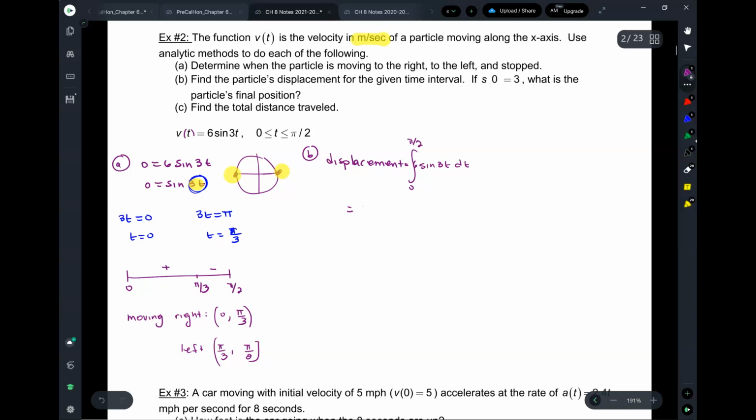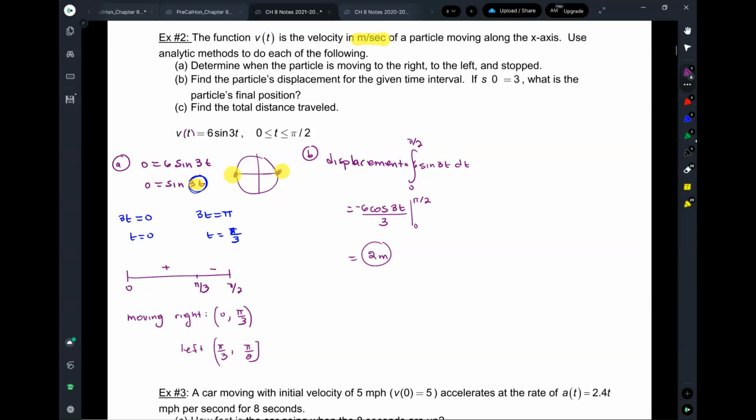So for example, this is 6. What's the integral of sine? It's negative cosine, right? So negative 6 cosine 3t, and then if you do the u substitution, you're going to divide all this by 3, from 0 to pi over 2. And then when you plug all this in, you get 2 meters is the displacement.